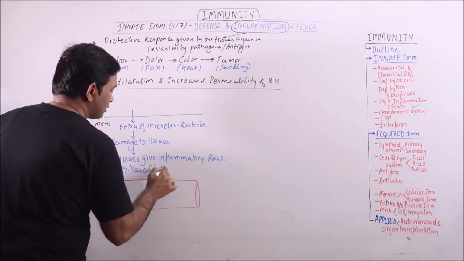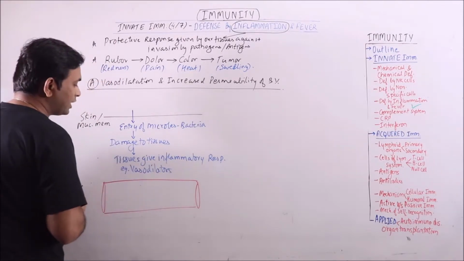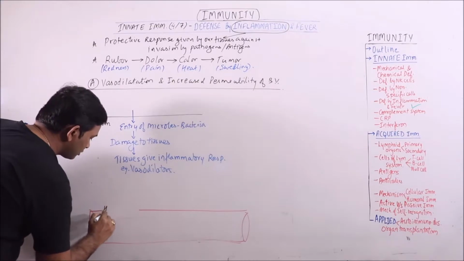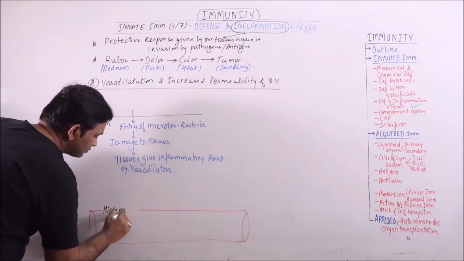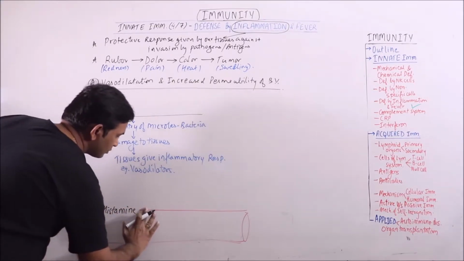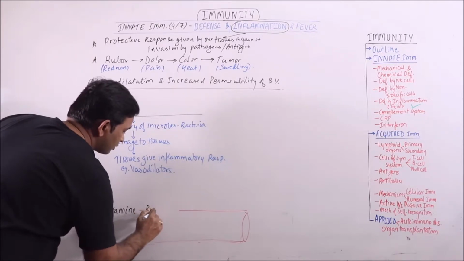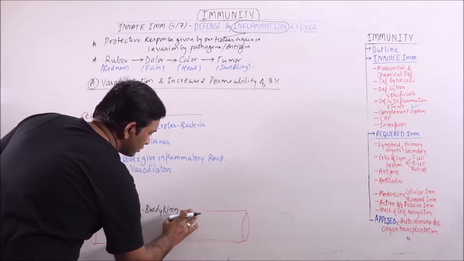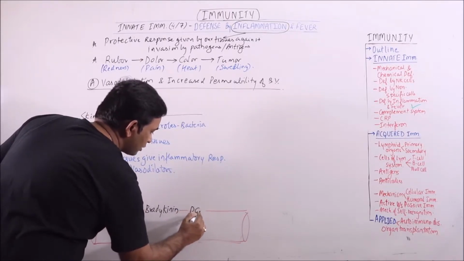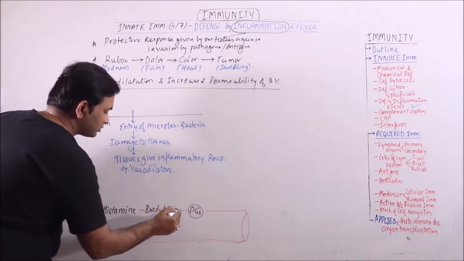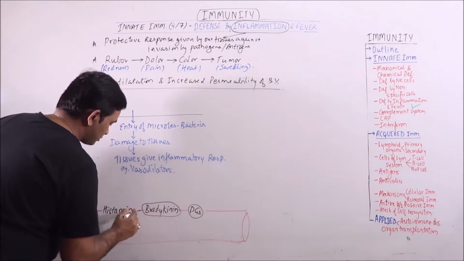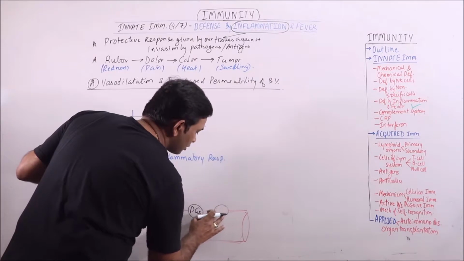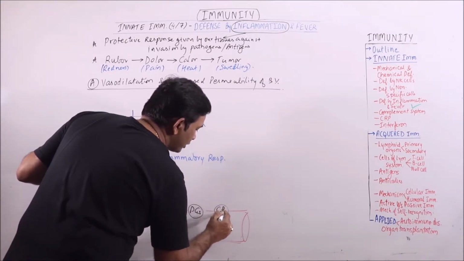vasodilators. These vasodilators include histamine, bradykinin, prostaglandins, and complement proteins.